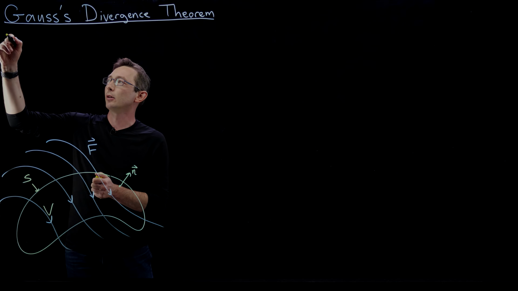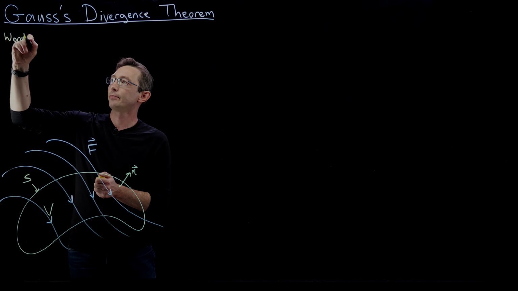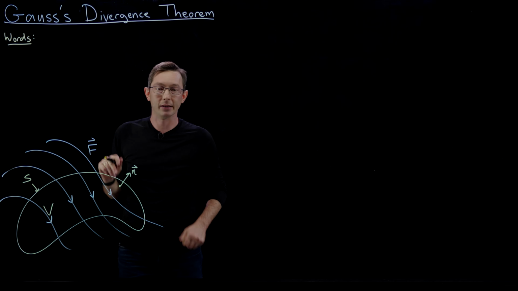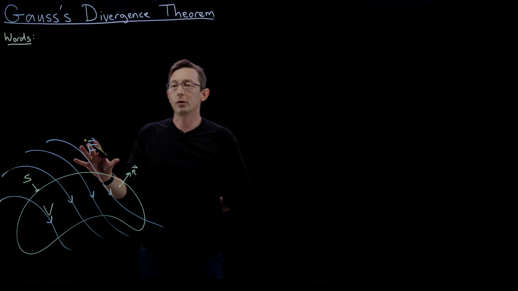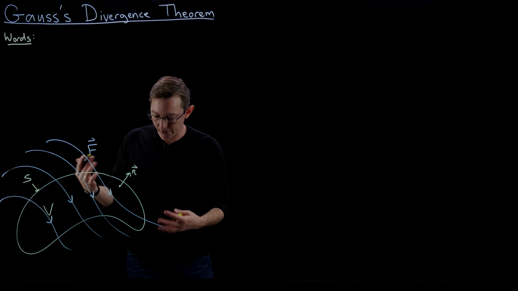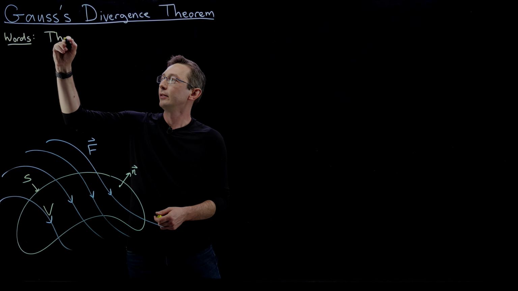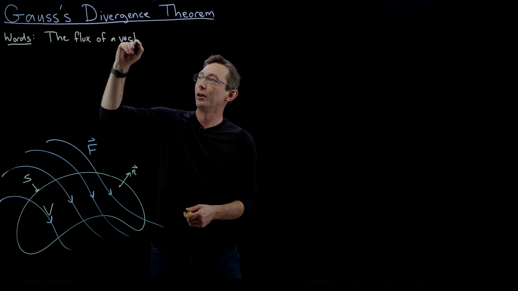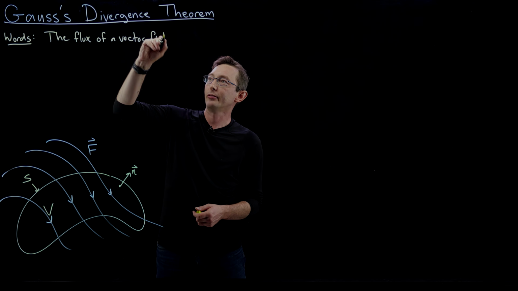So I'm going to start in words. I'm going to write this out somewhat slowly, and then we're going to write out the math expression. So in words, what we're saying is that the flux of a vector field, and our vector field is F, right?